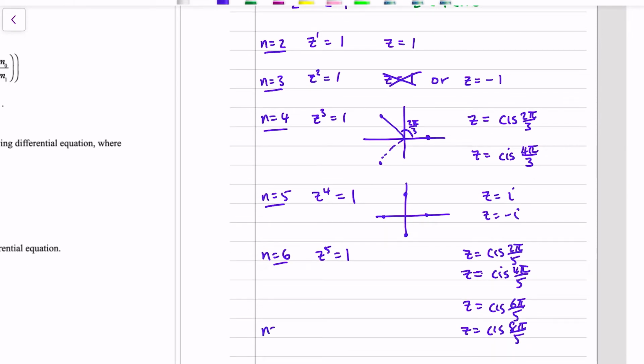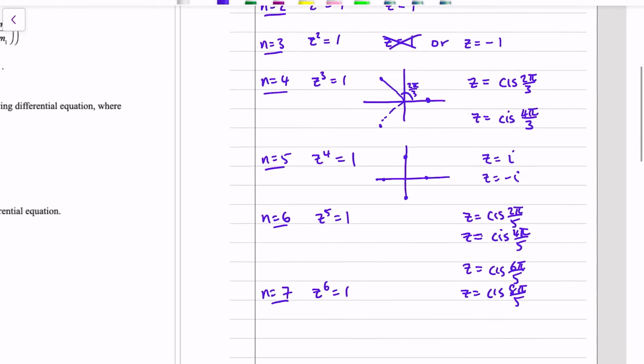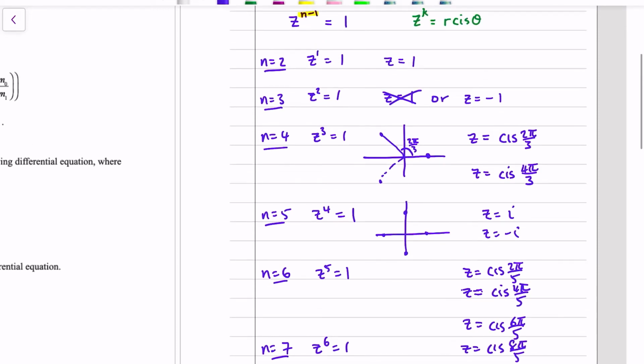n is equal to 7, z to the 6 equals 1. The starting point is 1, of course, and then if we look at z cubed equals 1 to spot the pattern, those three are all solutions of z to the 6 equals 1 as well. But then there will be another one there, -1, which we've already got, and another one in there.